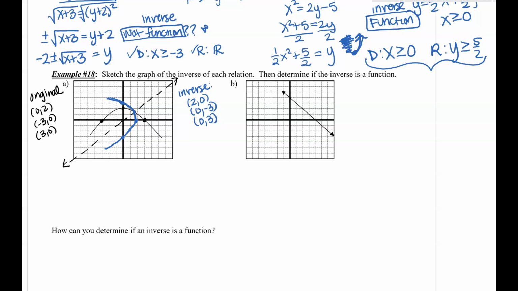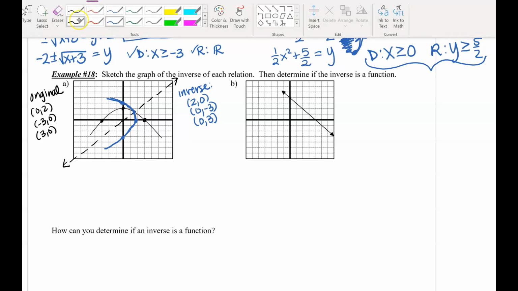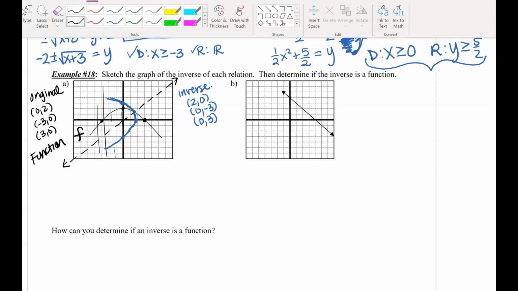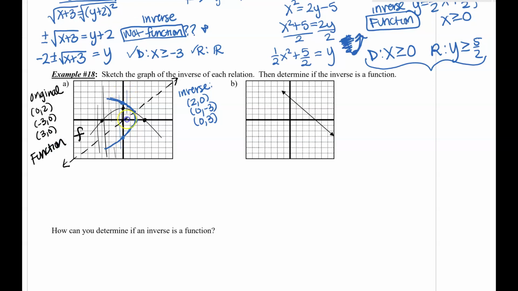Okay. Now, we can look at these and determine if they are functions. So look at the original function. I'm going to name them. Let's call it f. It would pass the vertical line test. It's like a quadratic. So f is a function. When I look at the inverse that I drew in blue, it would fail the vertical line test. It's not a function.